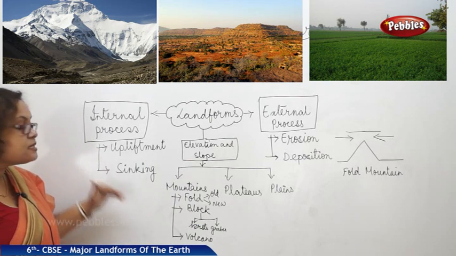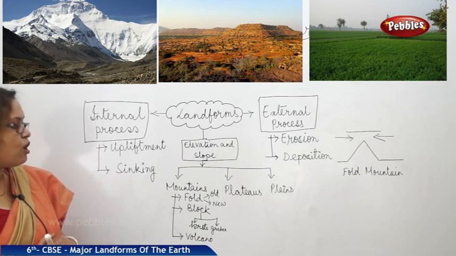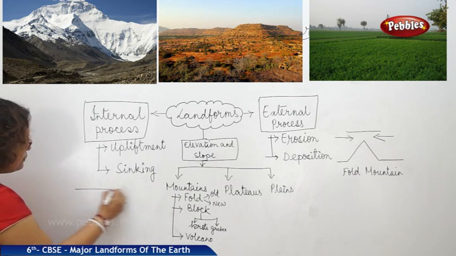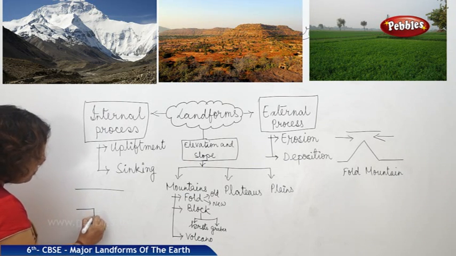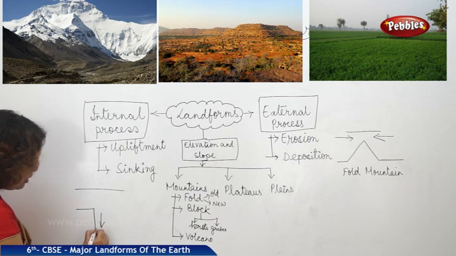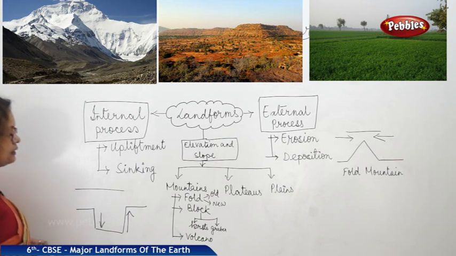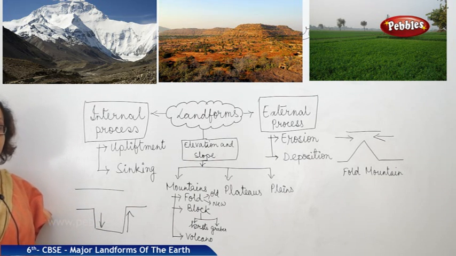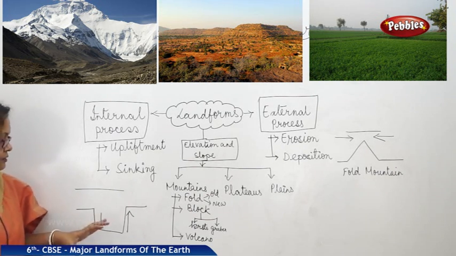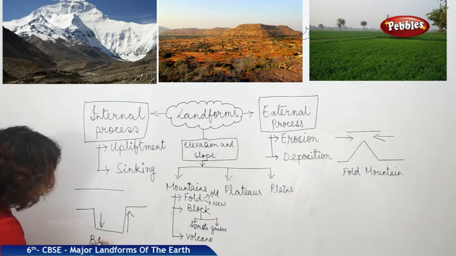The opposite way, sinking down, along with upliftment, we can see in the making of block mountains. When one part of the plain is sinking down and another part is uplifted, we can see the block mountain, which is known as horst and graben. So both the upliftment and the sinking work in the formation of block mountains.